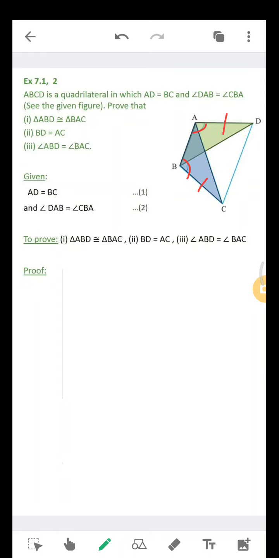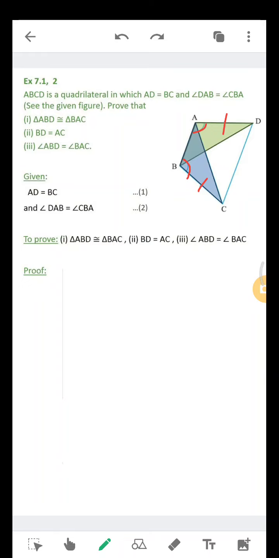We have to prove that triangle ABD, the green colored one, is congruent to triangle BAC, the blue colored one. So we have to prove these two triangles are congruent.